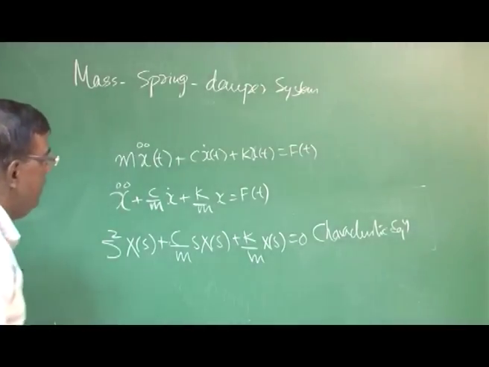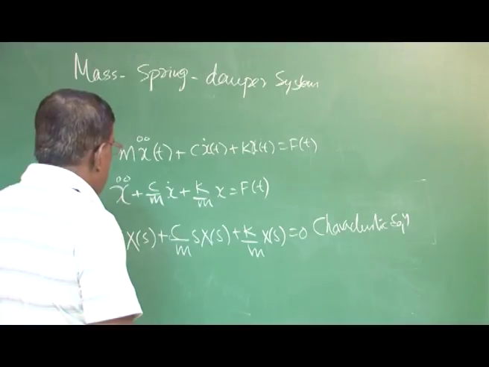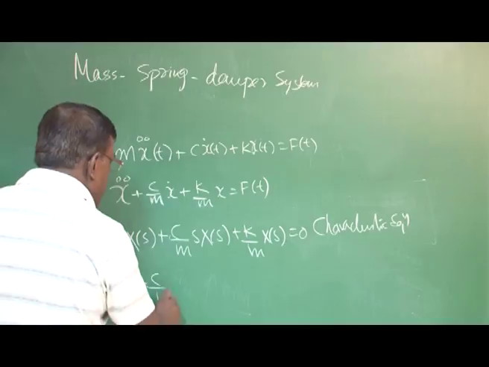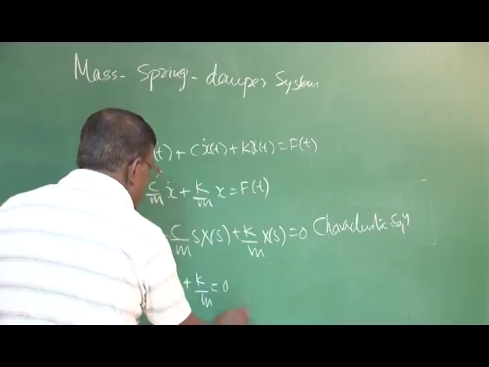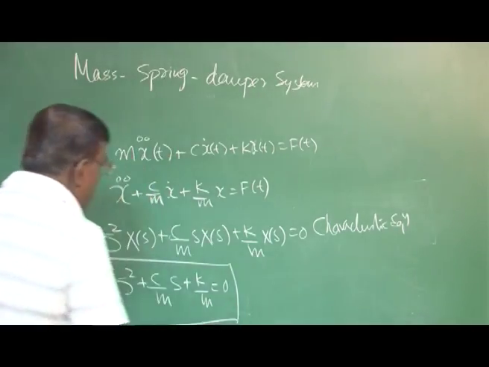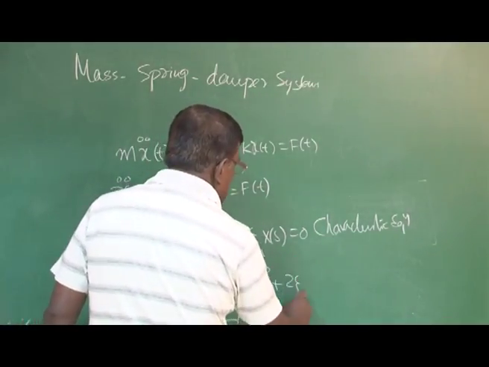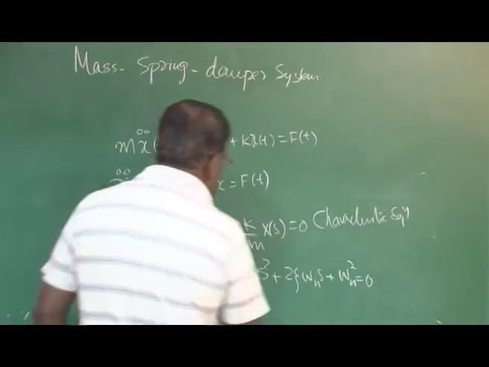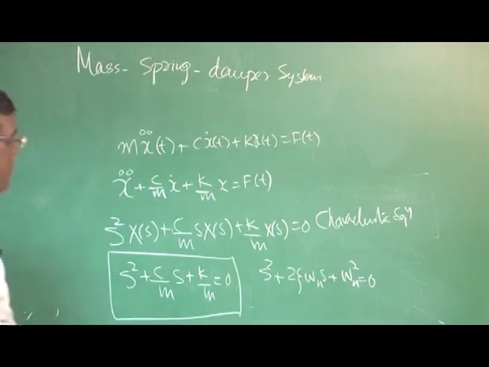We put f t equal to 0, and by doing this, we found equation s square plus c by m s plus k by m equal to 0, and then we compare this with the standard form of second order system s square plus 2 zeta omega n s plus omega n square equal to 0, and comparing this, we found out the numerical value of zeta, and numerical value of the natural frequency.